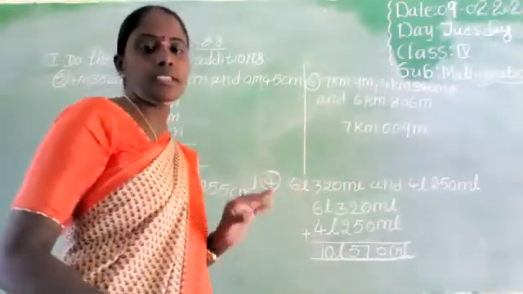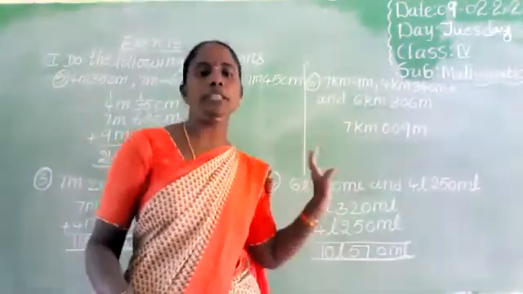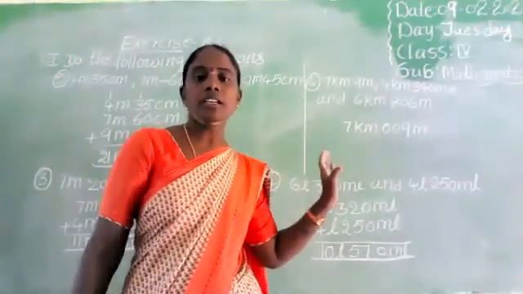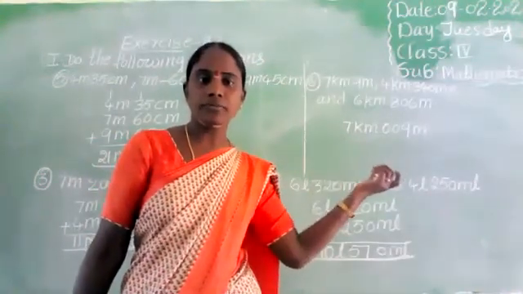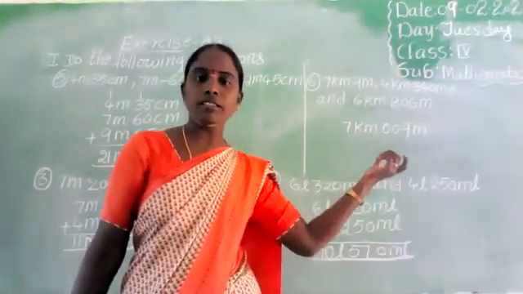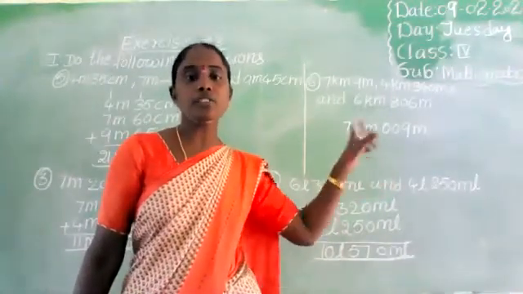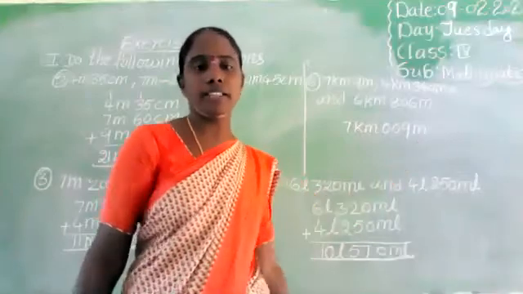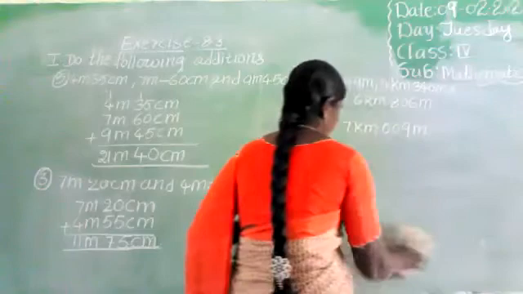No, 900 is wrong. 009 is nothing but 9 only. Is 9 equal to 900? No, 9 is different, 900 is different. But 009 equals 9. So that's why we write like this.